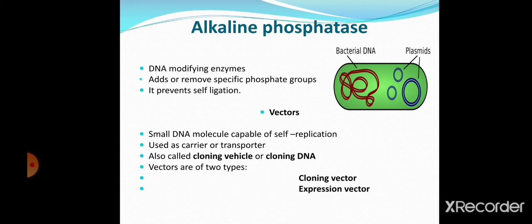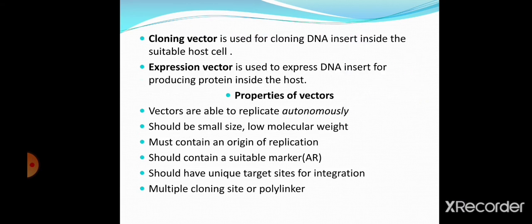Vectors are of two types: cloning vector and expression vector. What is a cloning vector? A cloning vector is used for the cloning of a DNA insert inside a suitable host cell. Insert means to put in between or into.